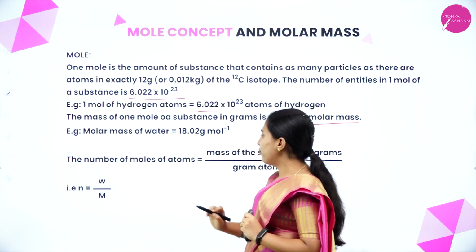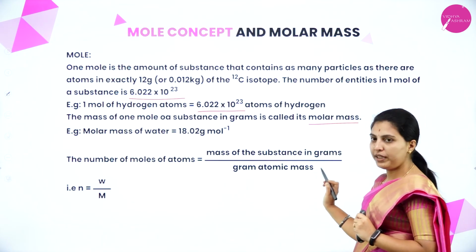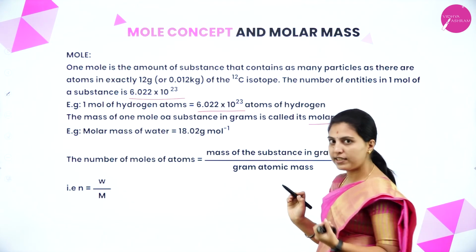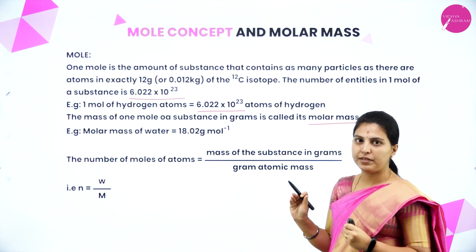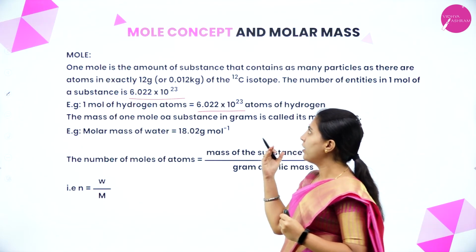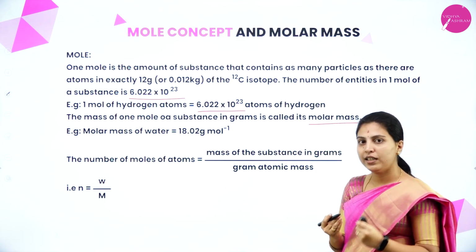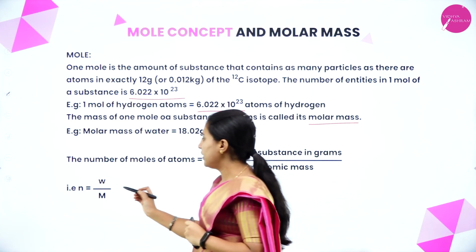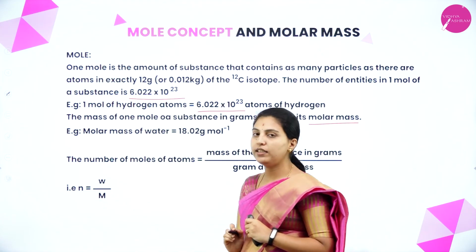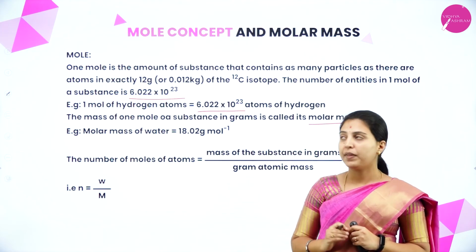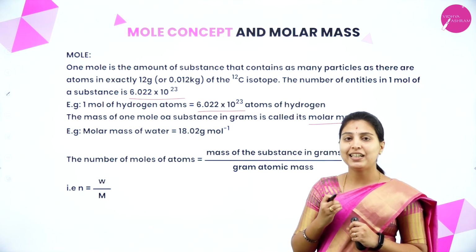The number of moles is the mass of substance in grams divided by gram atomic mass. You know now what gram atomic mass is. By this, the mole concept and molar mass are identified. See here, N equals W by M. This is the short form of this formula.